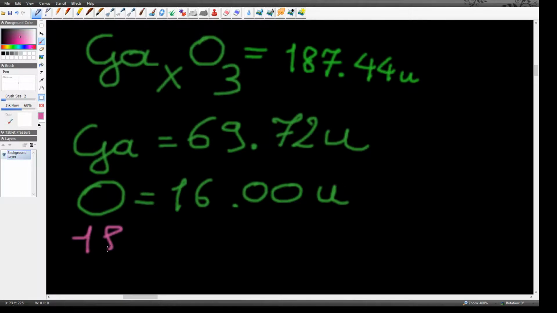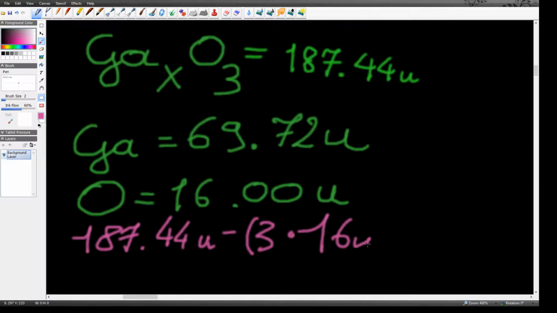I could take my 187.44 units and subtract 3 oxygens. If I quickly do this on a calculator, this gets me 139.44 units.